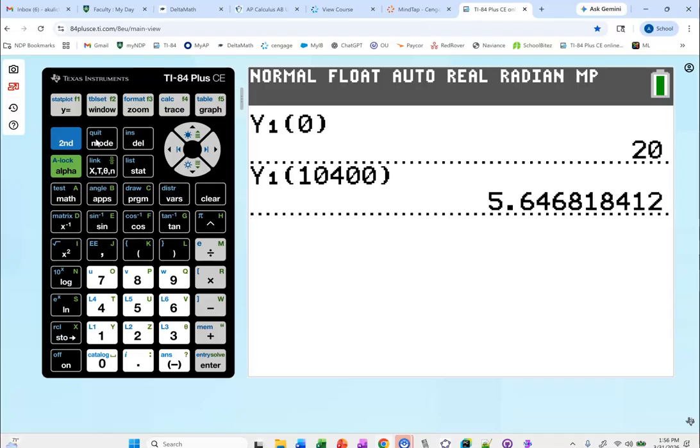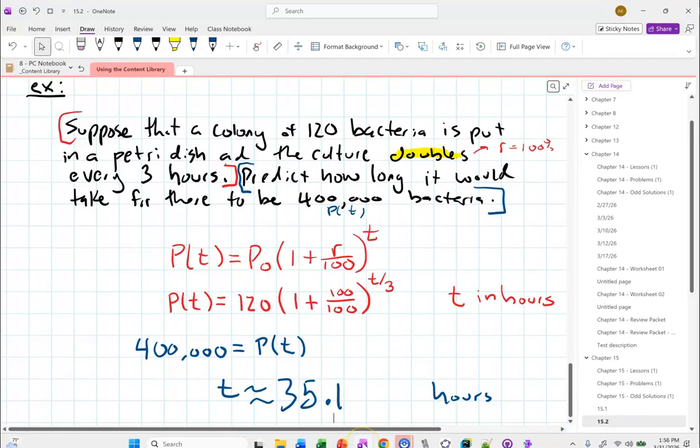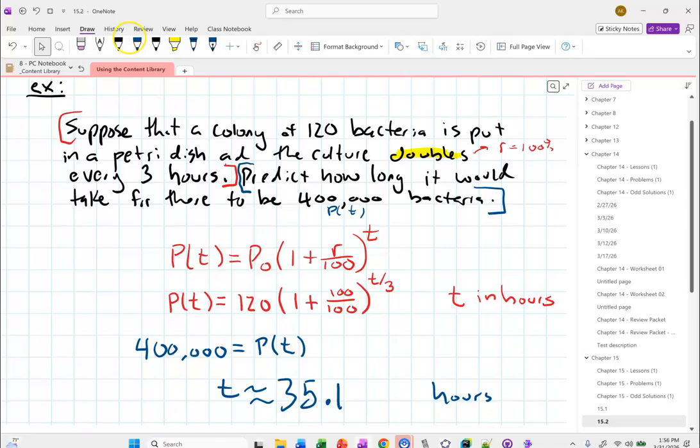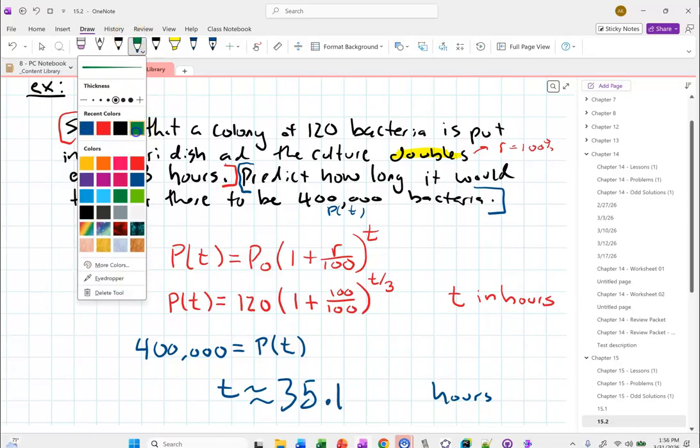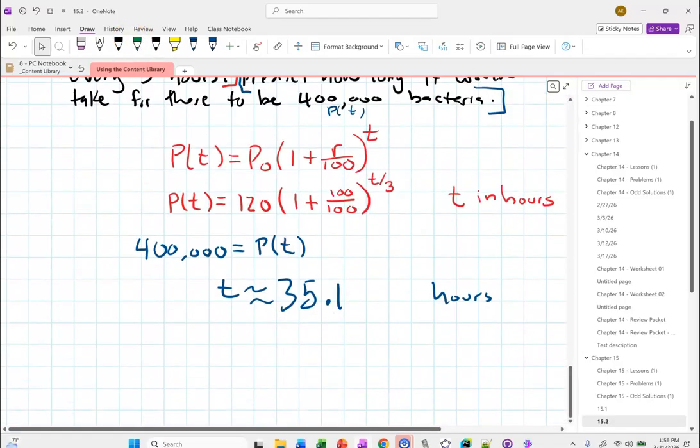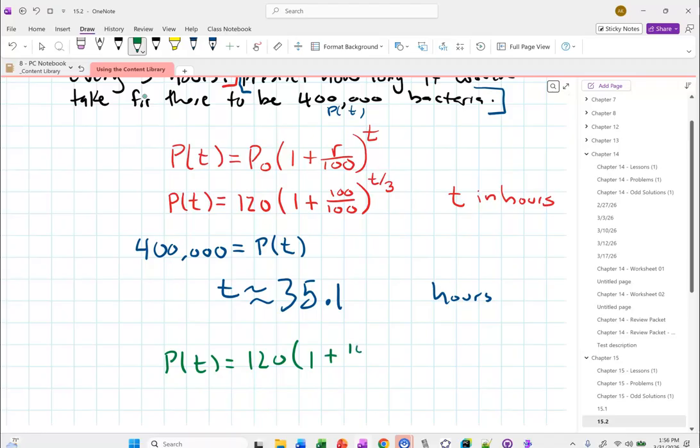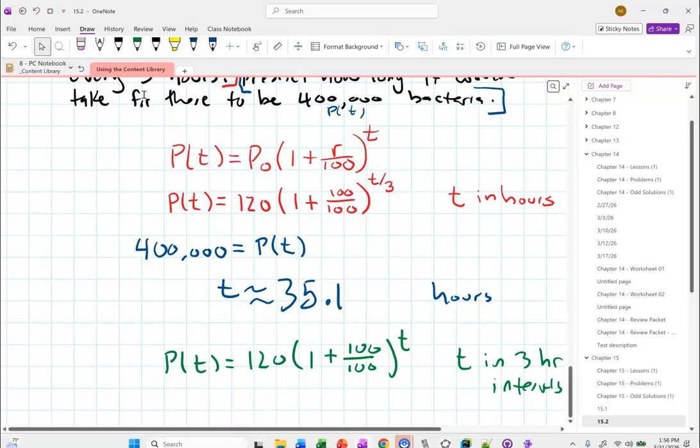So anyway, is everybody okay with how I solved for the t? Now, notice that if instead I had written this as p of t equals 120 times (1 plus 100 over 100) to the t, where t is in 3-hour intervals, I'm going to get a different answer, right?